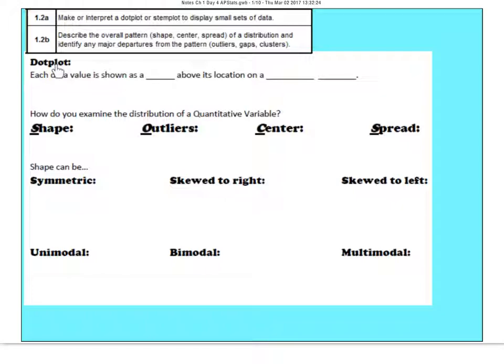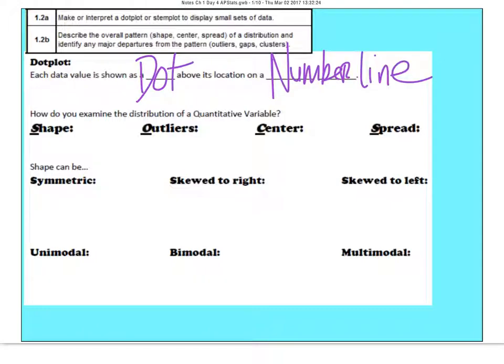Now, what is a dot plot? Each data value is shown as a dot above its location on a number line. So if you have some raw data, you're going to plot it out and look at the shape of that. When you examine the shape, you're going to look for things such as the shape could be symmetric, skewed to the right, or skewed to the left.